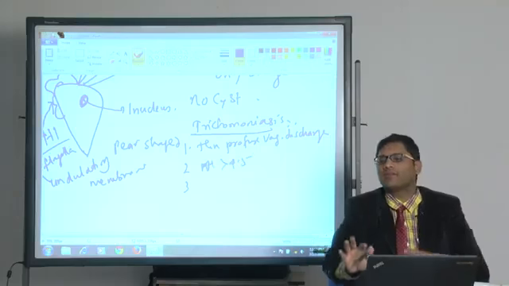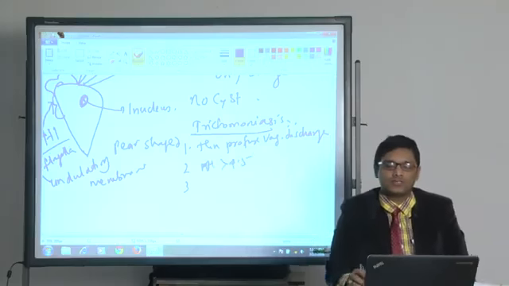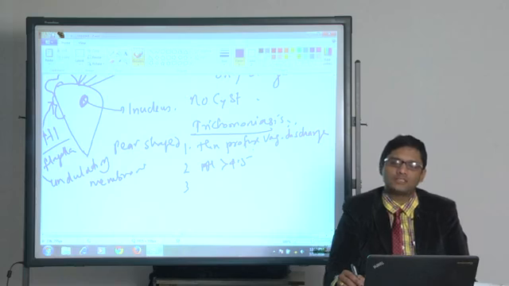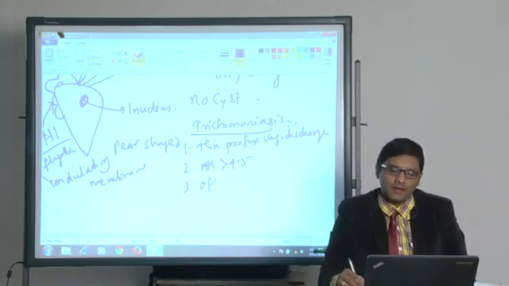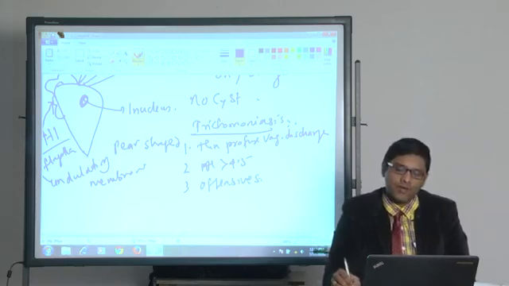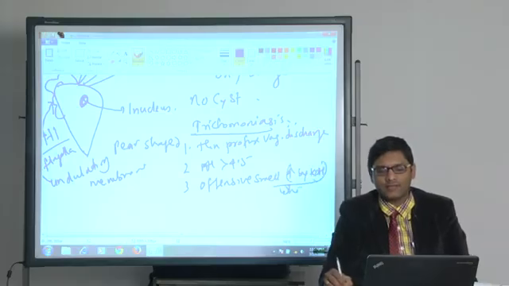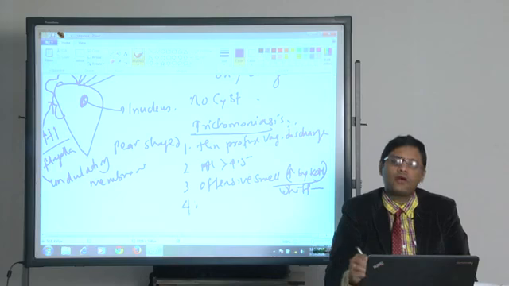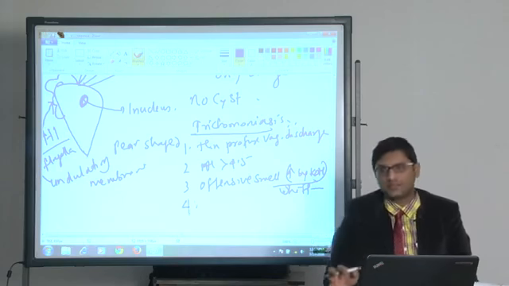The manifestations are like bacterial vaginosis: thin profuse vaginal discharge, pH more than 4.5, offensive smell, and the smell is increased by adding potassium hydroxide, called the whiff test. And the 4th point in bacterial vaginosis is the clue cell, which is pathognomonic of bacterial vaginosis.